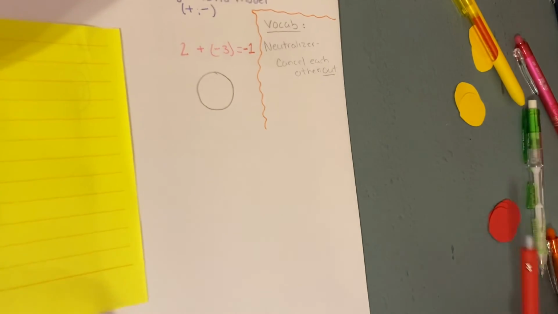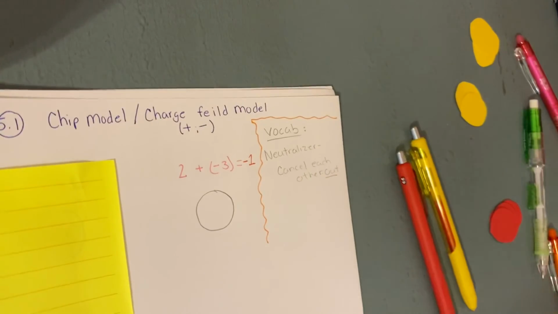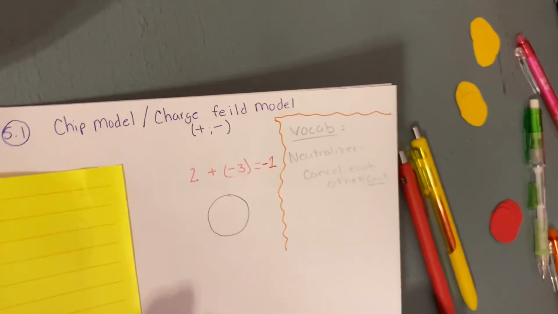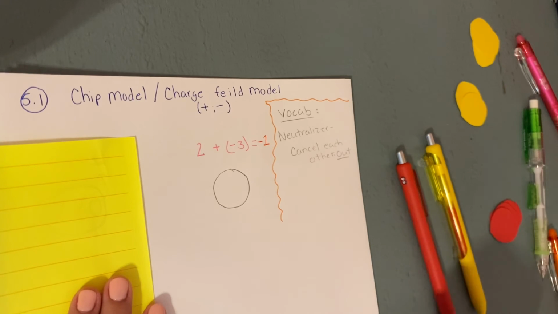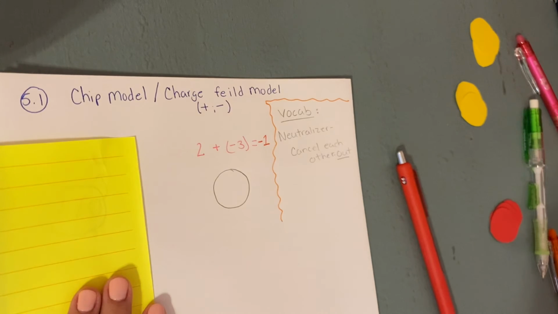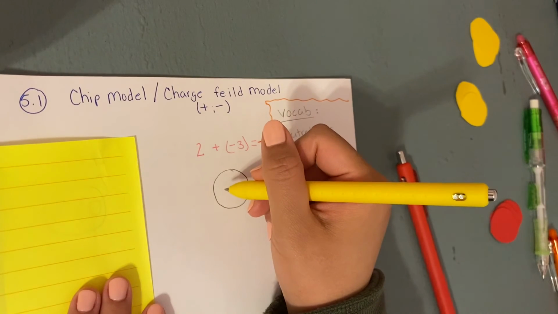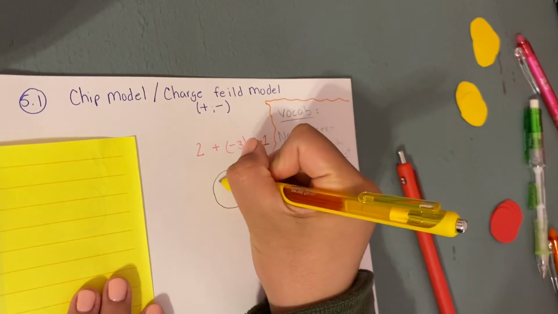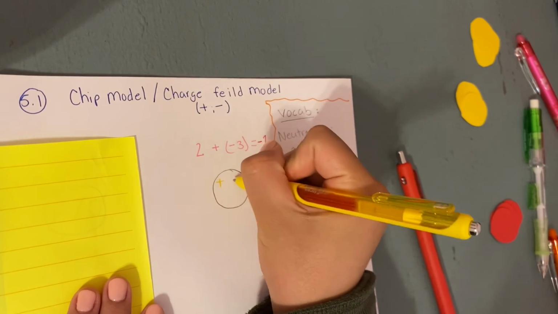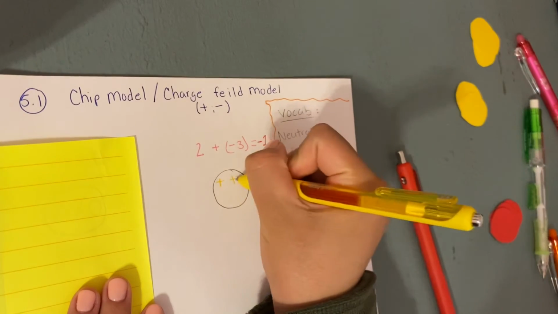And we're going to go ahead and do our charge and field model. So it's going to ask us to go in with 2 positive chips. So we're going to change now into the gear of our plus and minus, our charges.